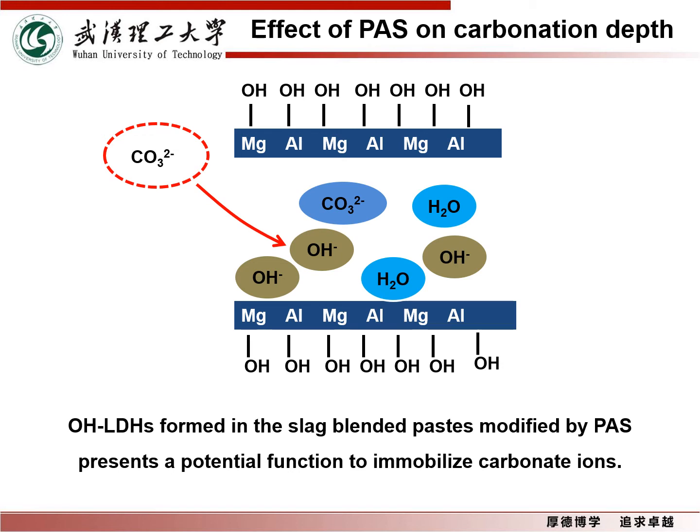According to the thermodynamic stability, OH-LDHs can exchange the interlayer hydroxyl ions with carbonate ions in the environment to form CO3-LDHs. Thus, OH-LDHs formed in the slag blended paste modified by PAS present a potential function to immobilize carbonate ions and improve the carbonation resistance.